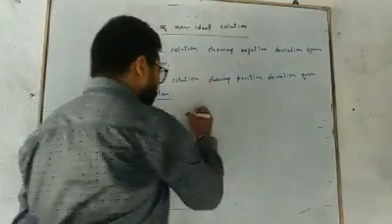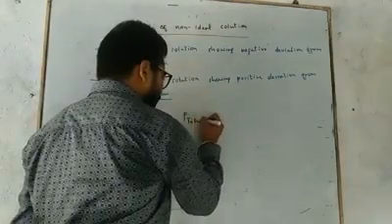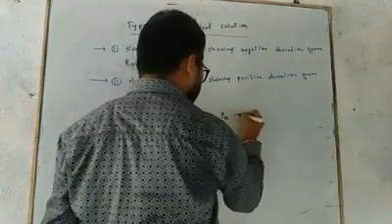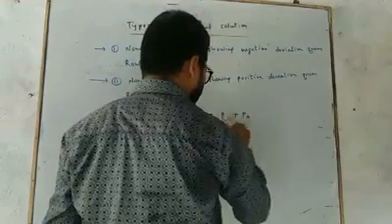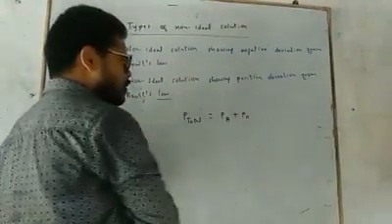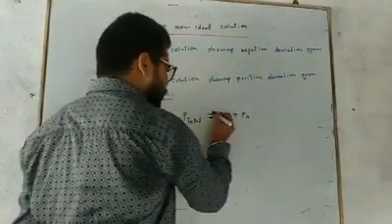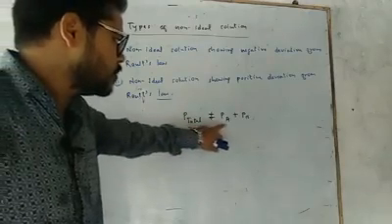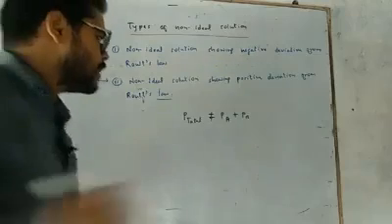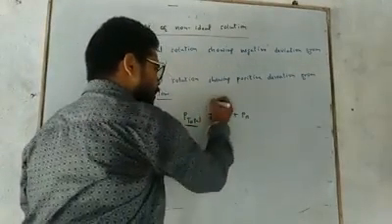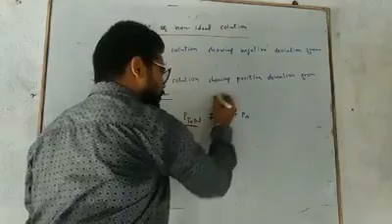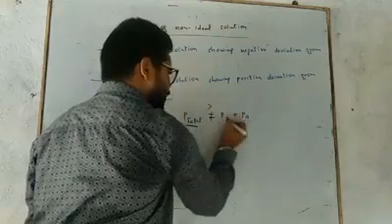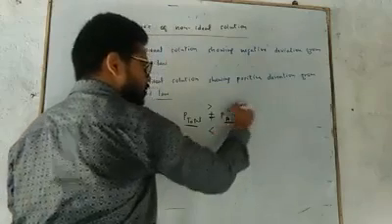Simply, I told you P total is equal to PA plus PB for an ideal solution. When it does not follow the ideal solution, P total is not equal to PA plus PB, which means it may be either greater than or less than this value.